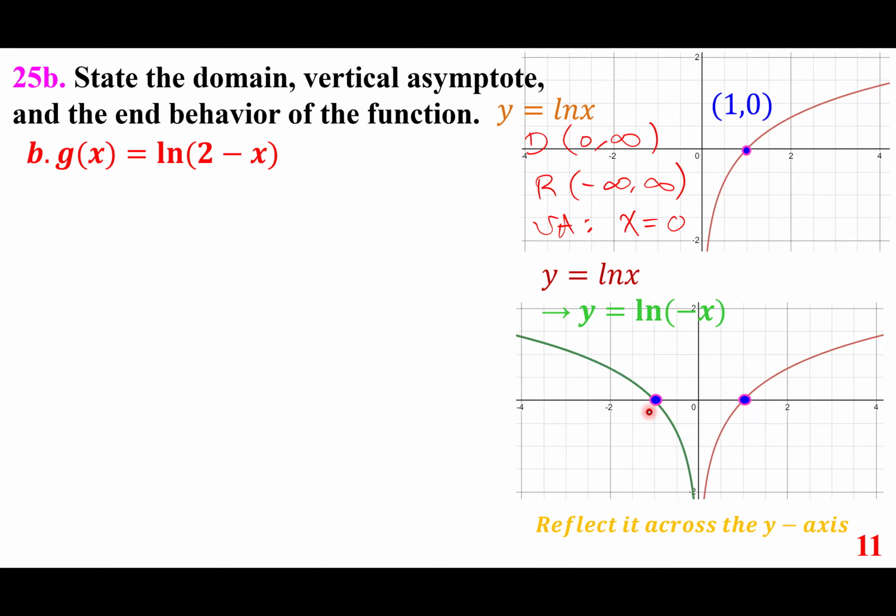Everything else is almost the same, meaning the range doesn't change and the vertical asymptote doesn't change. The domain was 0 to infinity, but now the domain is negative infinity to 0. So the domain has changed for this one: it is no longer 0 to infinity, but rather negative infinity to 0.